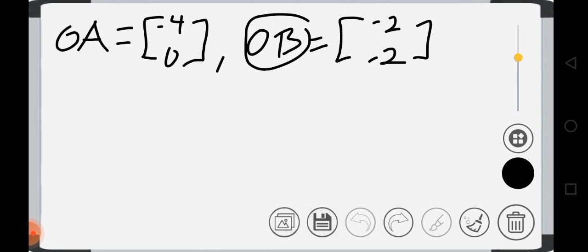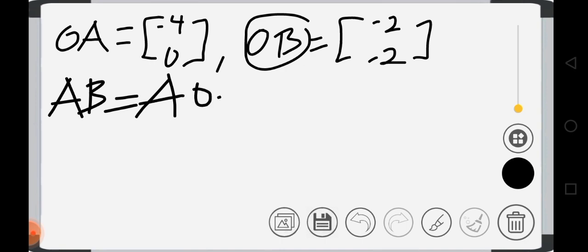I told you that AB is equal to AO plus OB.